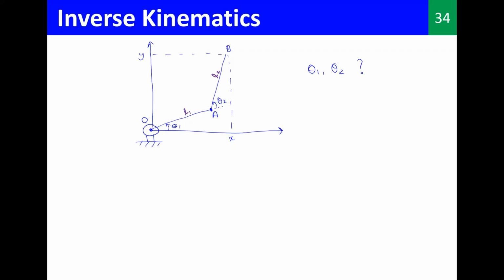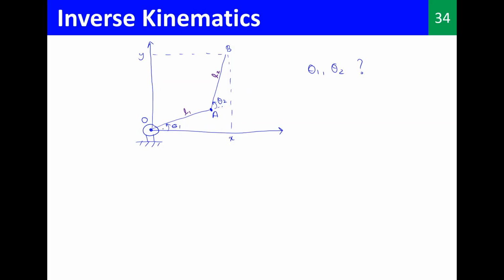Can you give some effort to find theta 1 and theta 2, at least to understand that it is difficult? So I'm hoping that you are trying. So I will give you a hint.